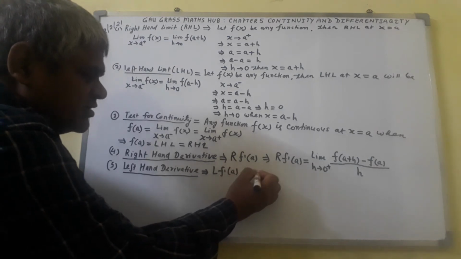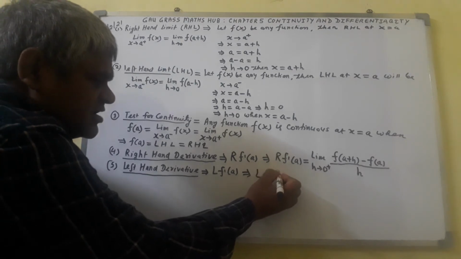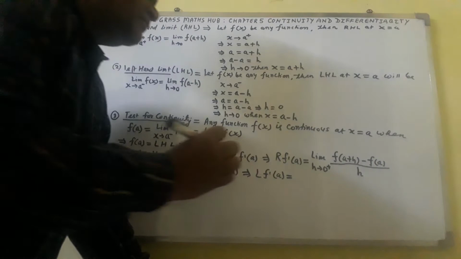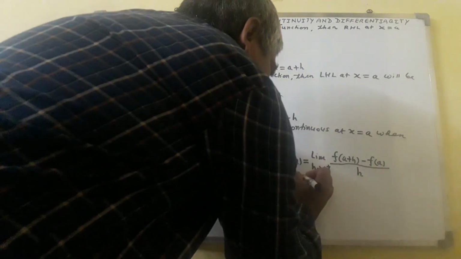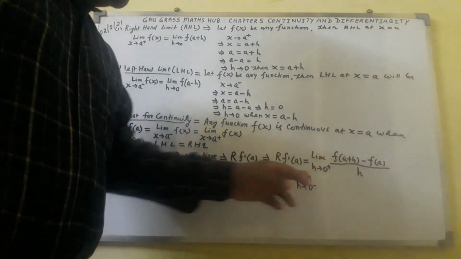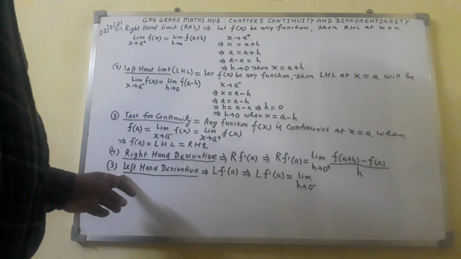This implies that L f dash a equals lim h tends 0 negative. H tends 0 negative means left.